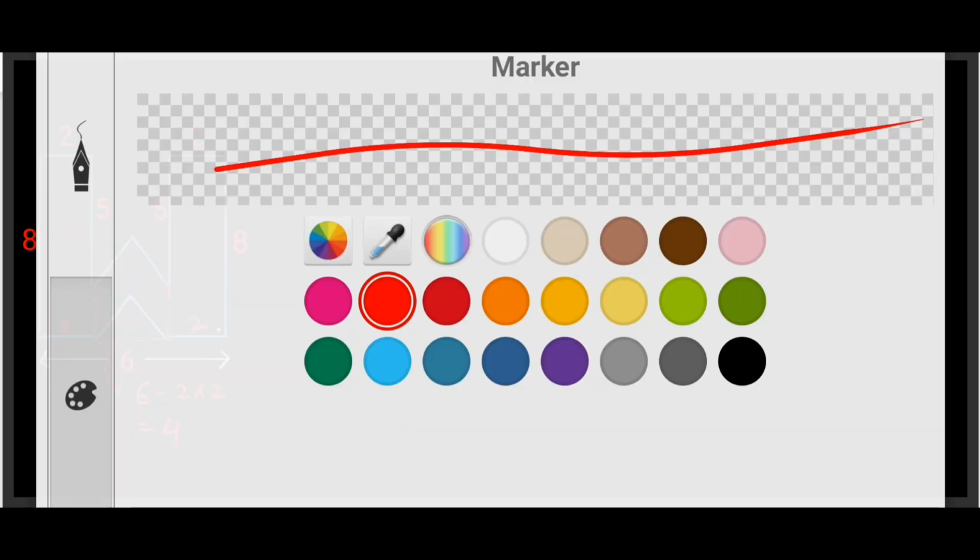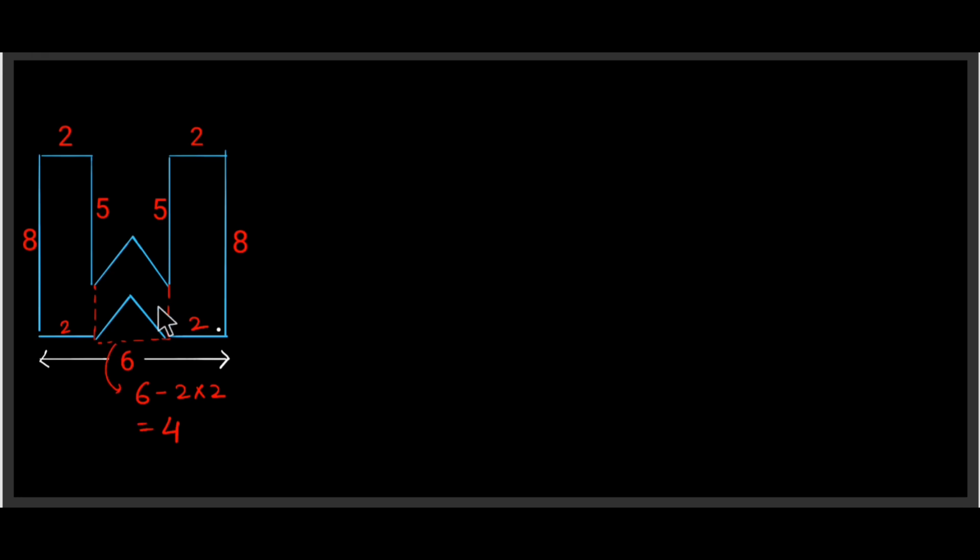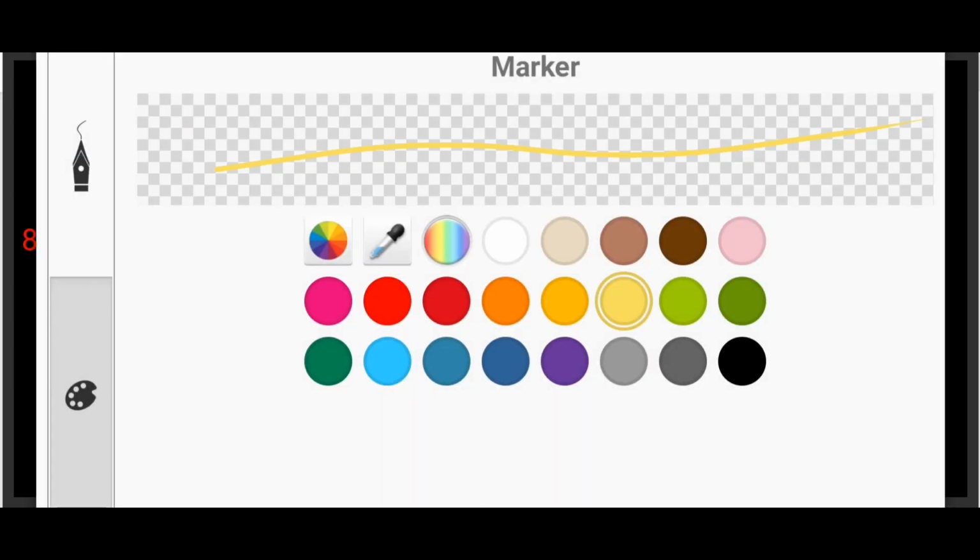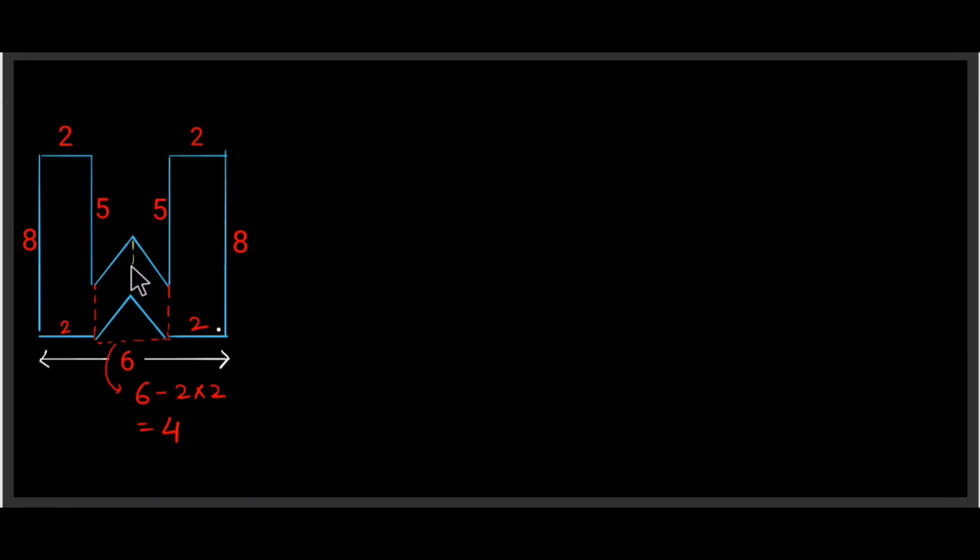So this is 4, and we can say that this line is equal to this line. So the area of this part is 4 divided by 2, and it must be 2. So it is 2, and it is 2. Now we can easily determine the area of this parallelogram.